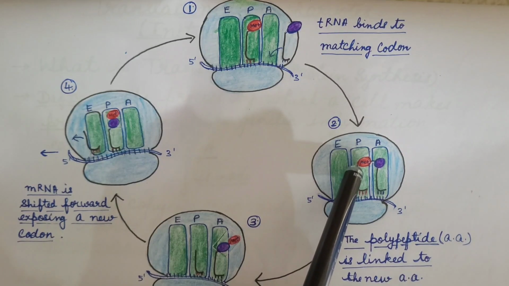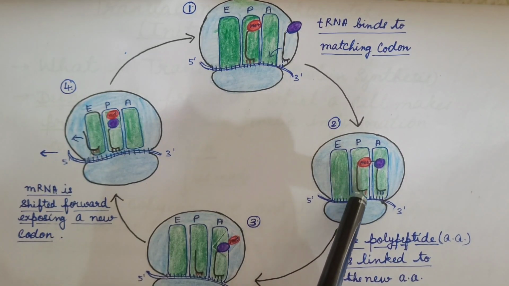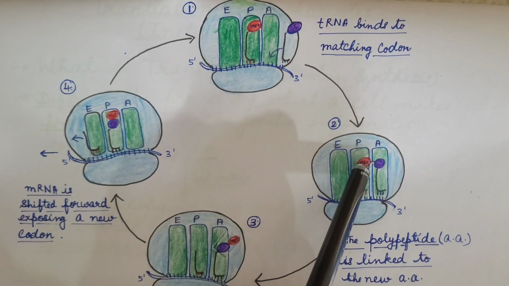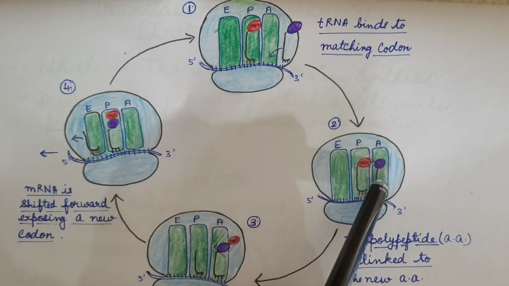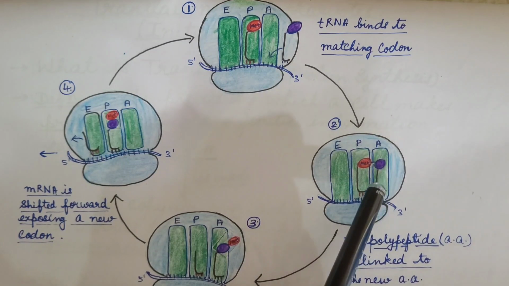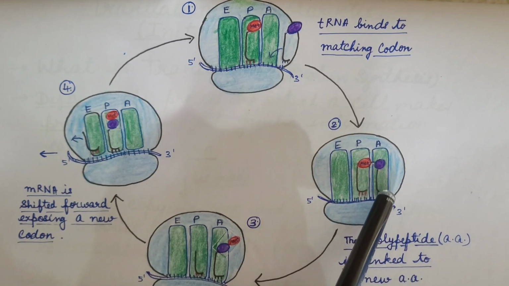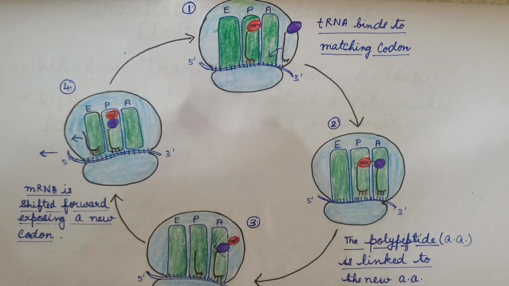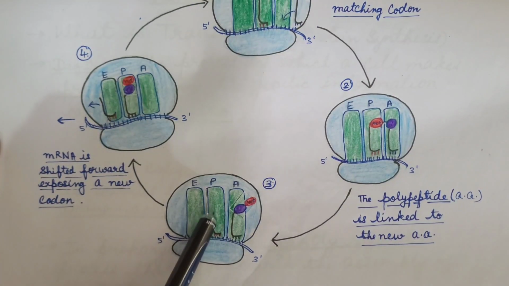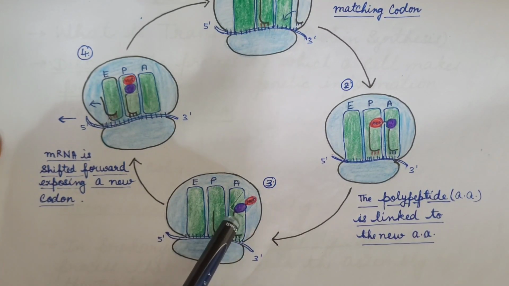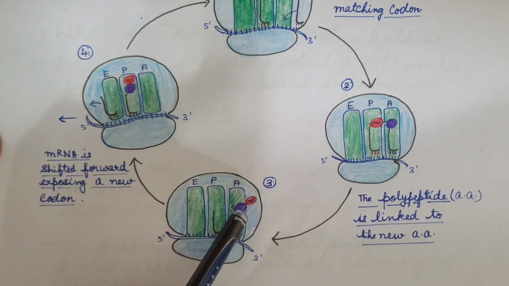Then this N-formyl methionine is uncoupled from the transfer RNA at the P site and it joins to the amino group of the amino acid which is linked to the transfer RNA at the A site by peptide bond. Hence, deacylated transfer RNA is left at the P site and A site consists of peptidyl transfer RNA.